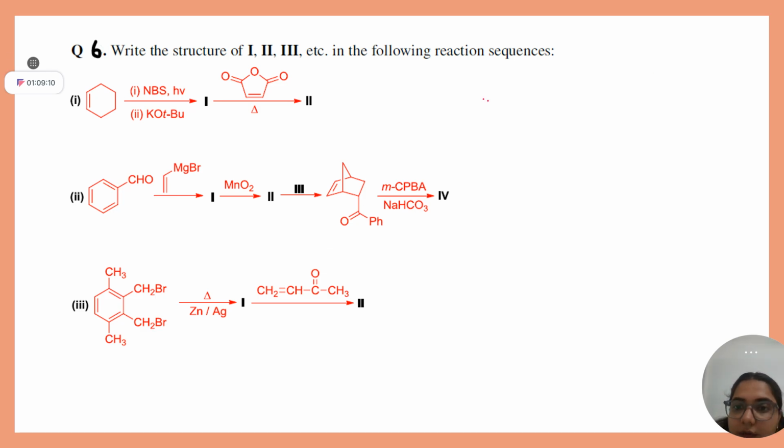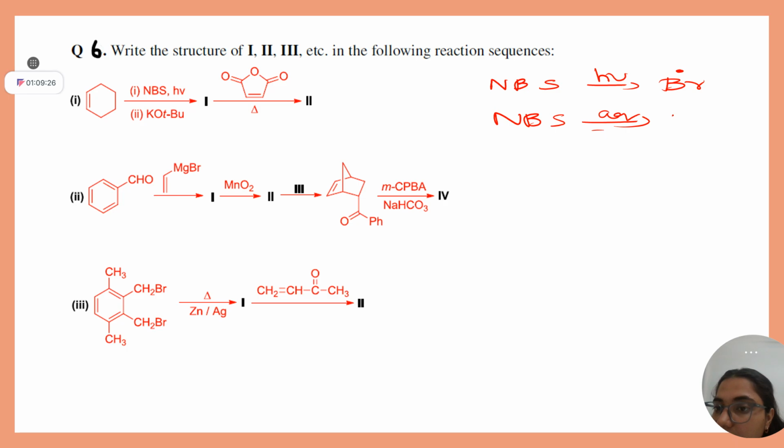See, students, one thing you keep in your mind: whenever NBS, N-bromosuccinimide, is given in hv condition, it will release bromine radical. But whenever NBS is given in normal condition or aqueous condition, it will release your Br positive. Here it is given in presence of light, so obviously at the allylic position it will form allylic bromine.